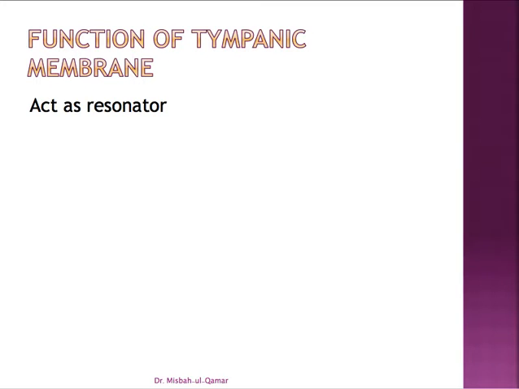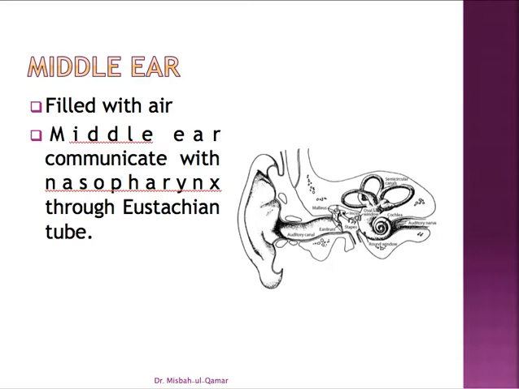Now we will move on to the middle ear. As I already told you, the middle ear is an air-filled cavity. It's a small cavity in the bone, which is lined by epithelium, and it is filled with air. And interestingly, the middle ear communicates with your nasopharynx through the eustachian tube.